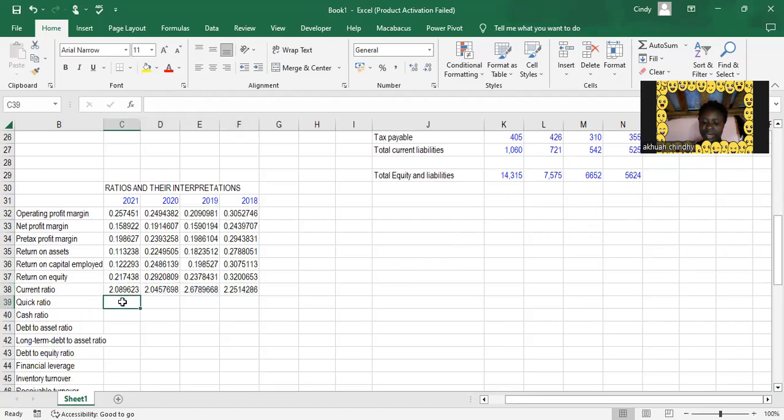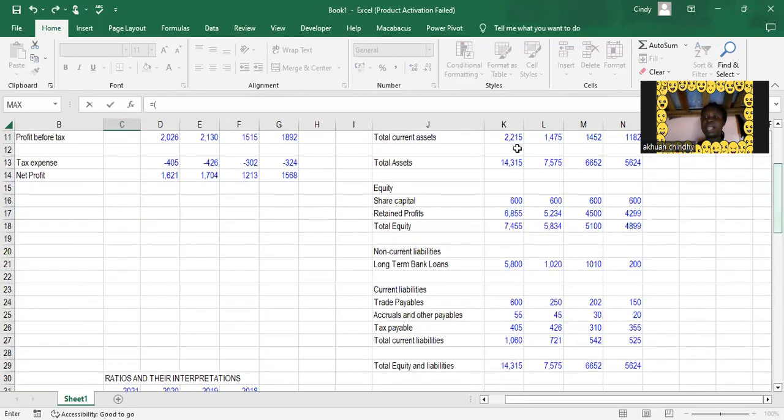So the quick ratio is talking about the most liquid assets that the business has. That's the current assets excluding inventory, because we believe that inventory takes some time to be turned over into cash. So we take current assets, then we take out our inventory, then we divide by current liabilities to get our quick ratio. So here, bring our bracket, then move to our balance sheet.